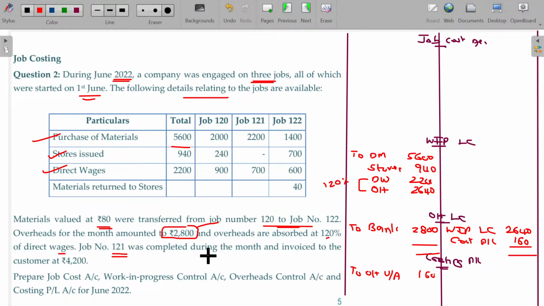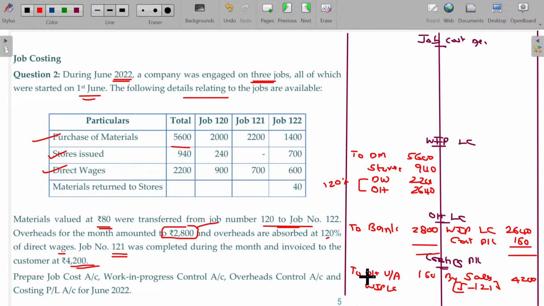Job 121 was completed during the month and invoiced to the customer at 4,200. Okay, so by sales, sale of job number 121 for 4,200. But I need to know the cost here, transferable from work in progress ledger control.